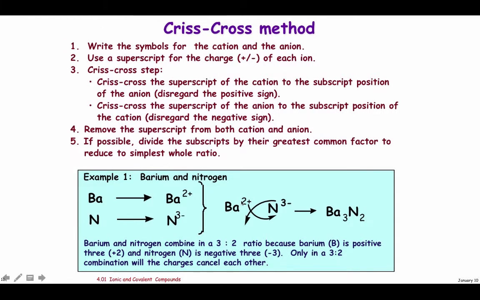The crisscross involves taking the number of the superscript for barium and making it the subscript for the anion, and taking the number of the superscript of the oxidation state of nitrogen and making it the subscript for barium. And so what we have in this crisscross trick is Ba3, that comes from the -3 here. You just put the 3, not the negative, and 2. And this gives you an electrically neutral compound.